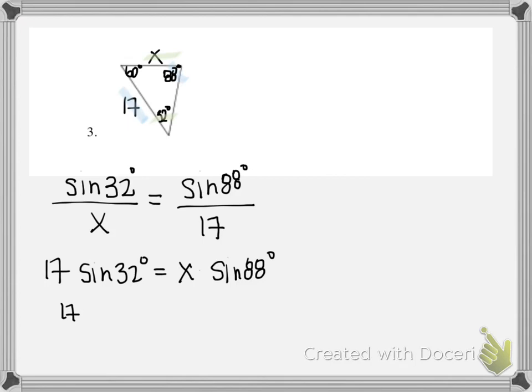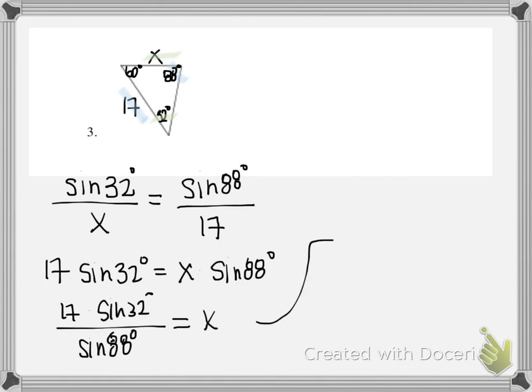So we'll get 17 times sine of 32 divided by sine of 88. So 17 times sine of 32, enter, then divide that number by sine of 88. So it's going to be 9.01.